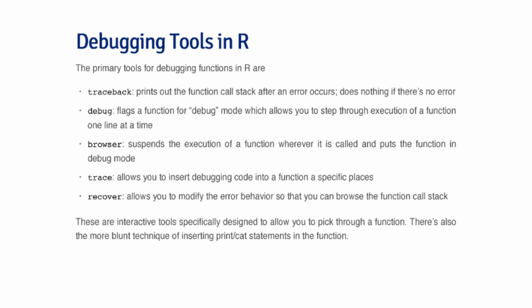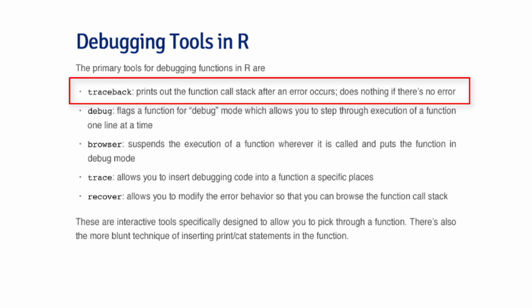So the traceback function prints out what's called the function call stack. Typically when you call a function and that function calls another function, and then that function calls another function, and so on, and then you are 4 functions deep, maybe the error happens way down there.